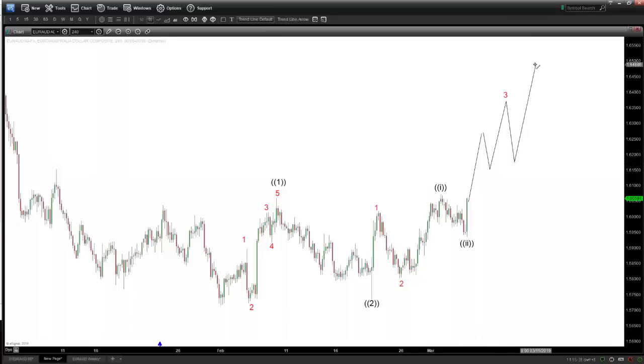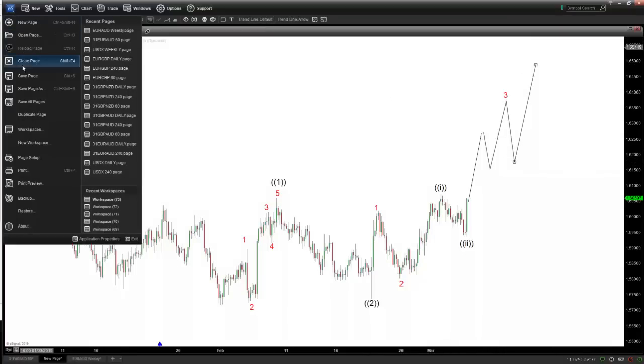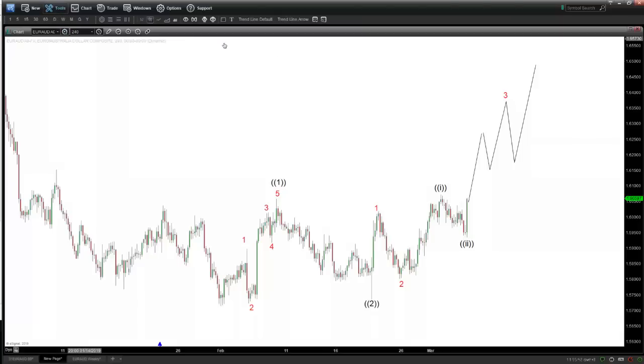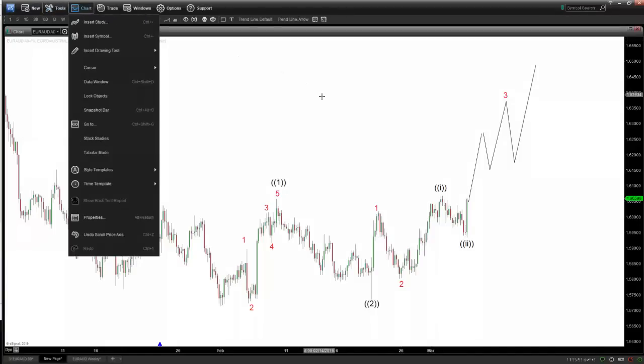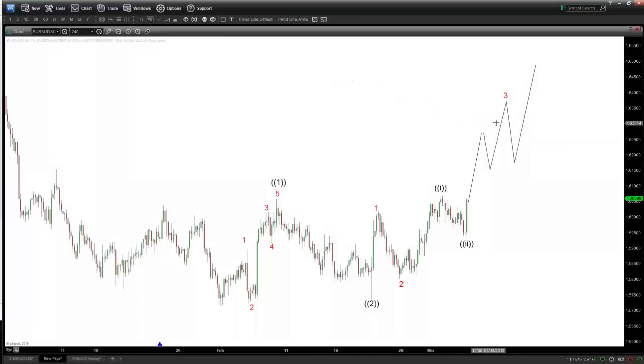So as you can see, there are a couple of different possibilities, at least in the larger degree, right? But suffice to say, for our purpose here, at the least we should be expecting more upside in the shorter cycle.